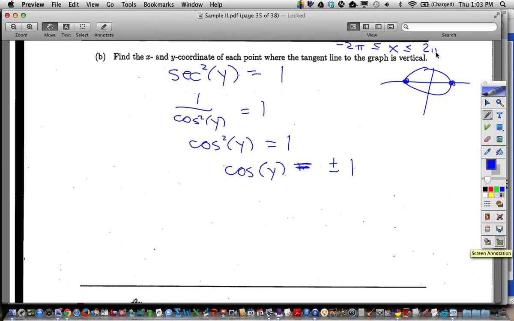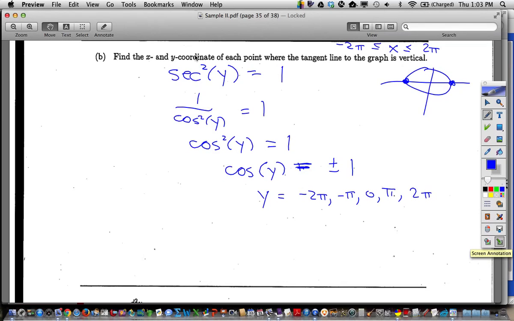Now that's not y, that's x. Now, it turns out they'll be the same, okay, which we'll get to here in a second. But you might not have known that, but at least that would be a place to start. So it looks like y is going to be negative 2 pi, negative pi, 0, pi, 2 pi. It could be any of those, right? Those are places where cosine would be plus or minus 1.